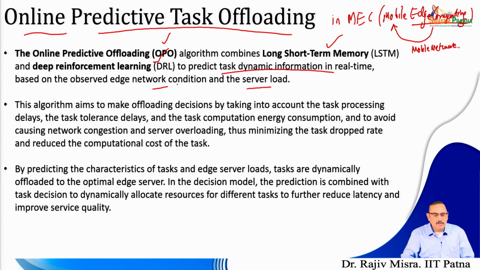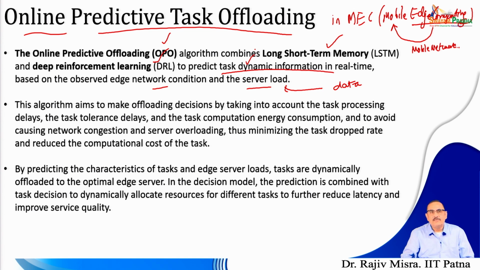Here, when you say based on the observed edge network conditions and the server load, it means this will become the data for training these models. Using this trained model, when new information in real time about the edge network conditions and the server load is given, it will be able to predict the task offloading information dynamically, that is online. So, let us see about this algorithm.